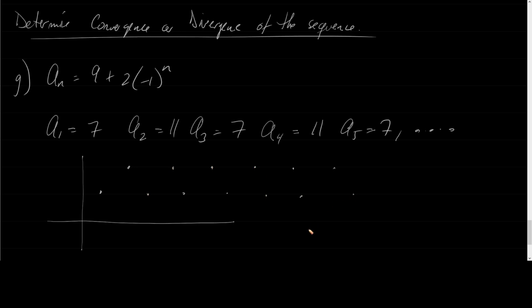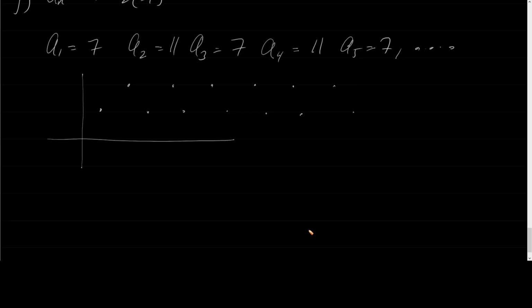Well, it turns out that it doesn't actually approach anything because it's essentially oscillating, going up and down between those two values. So this is oscillating. So in here, when I say the limit as n goes to infinity of a sub n, it does not exist because it oscillates. All right, cool. Next one.